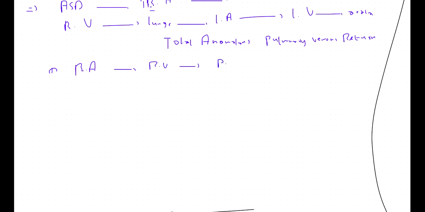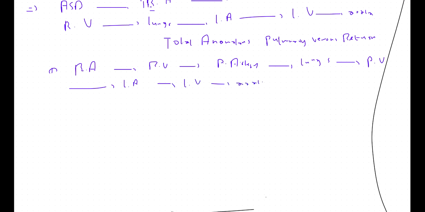From the pulmonary artery it will go to the lungs, and from the lungs the blood will go to the pulmonary vein. From the pulmonary vein it will go to the left atrium, and from the left atrium to the left ventricle. And from the left ventricle, it will go to the aorta. So this is what normally happens.